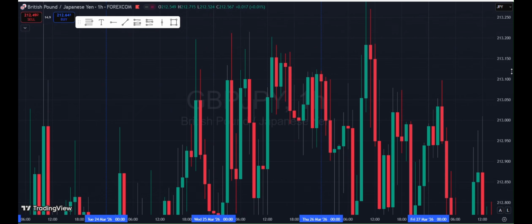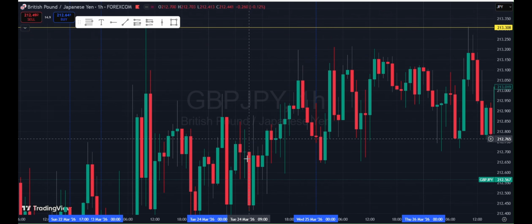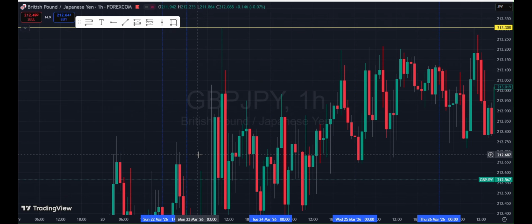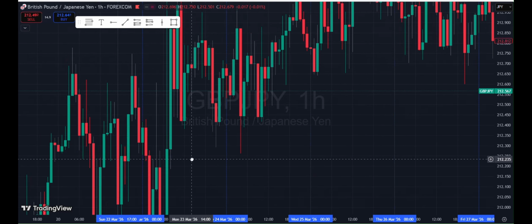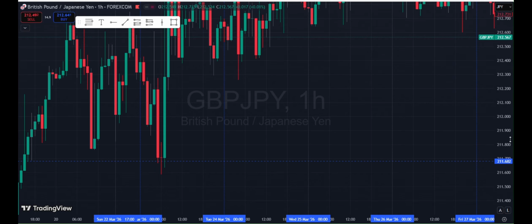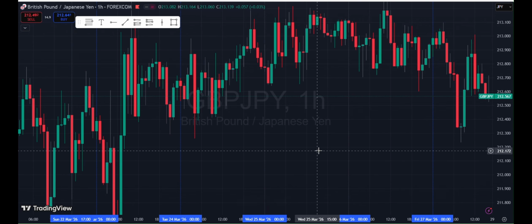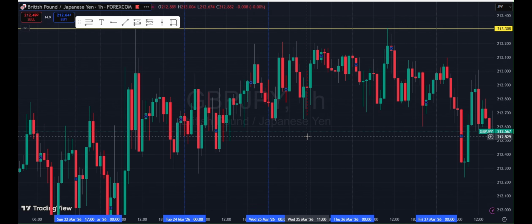So this particular pair, even though it wasn't moving as it should, or the movement wasn't much, fulfilled all its targets, hitting the order block on the weekly time frame that we were looking for, and then moving upward, took out liquidity on the weekly time frame that we had also mapped out. So we can say that the British Pound JPY actually fulfilled its narrative.